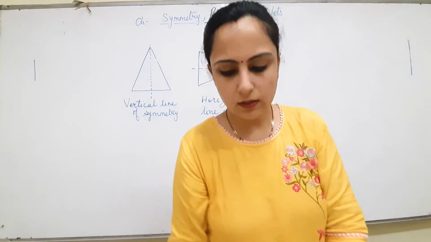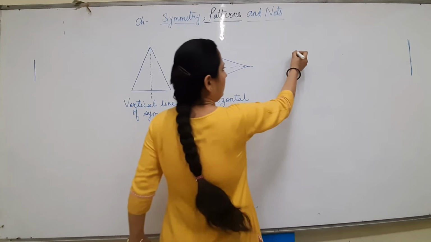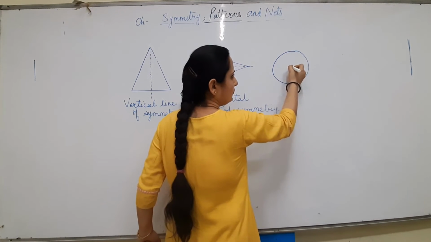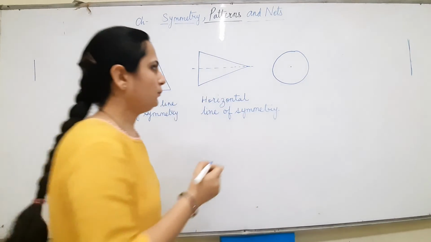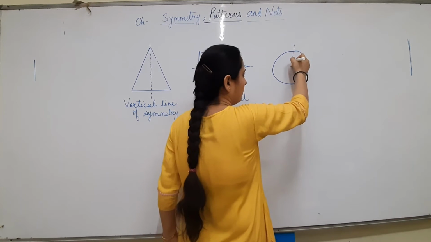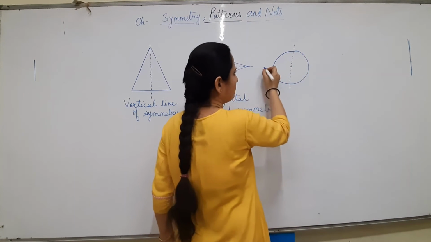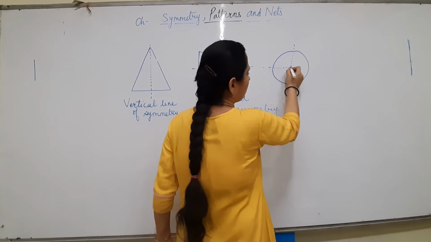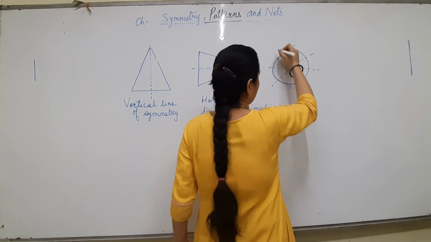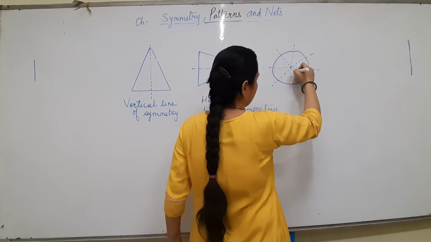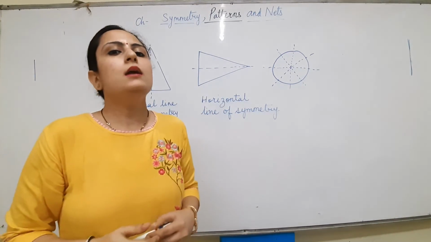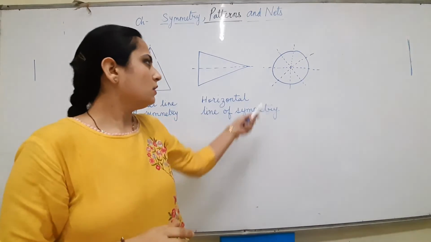If this point is the center of the circle, the circle can have infinitely many lines of symmetry. We can have 1 line of symmetry like this, 1 line of symmetry like this. Since a circle has infinitely many diameters, you can form infinitely many lines of symmetry along its diameters.